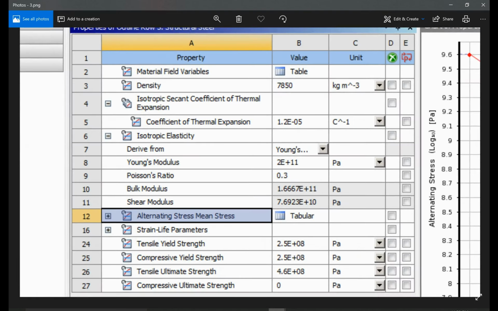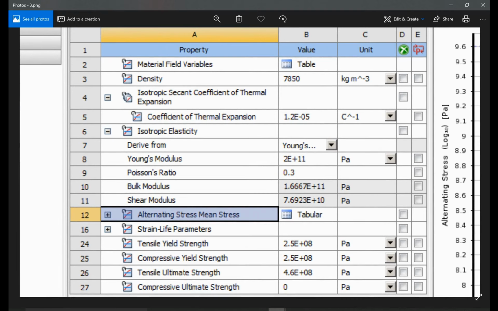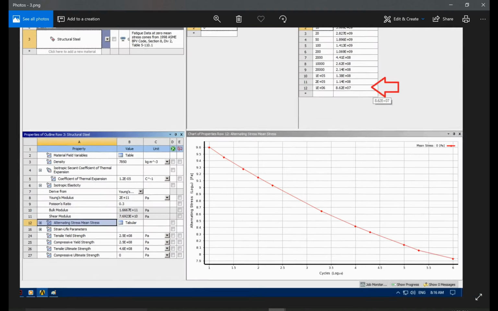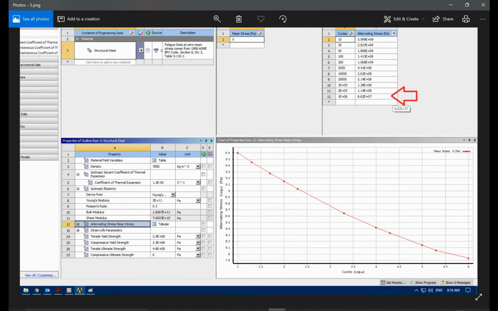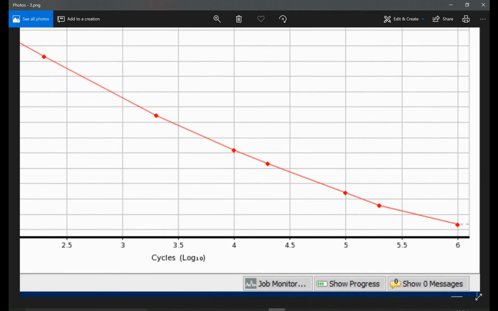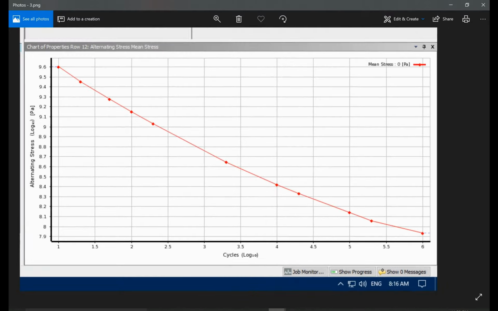If you select alternating stress, mean stress, you are going to have an S-N diagram here. You can see it is extended up to 10 to the power 6, which is the maximum number we consider as infinite life.